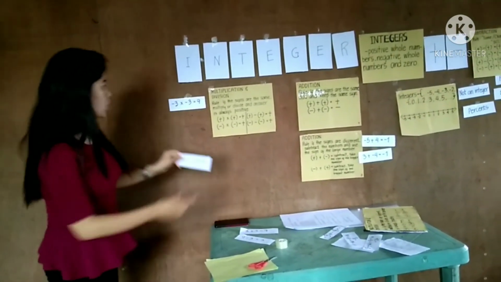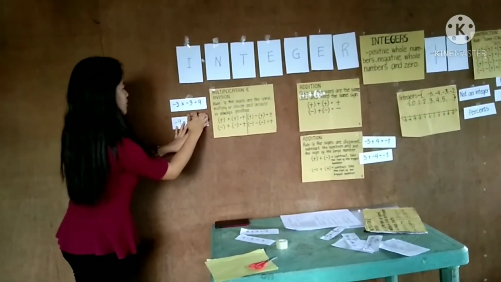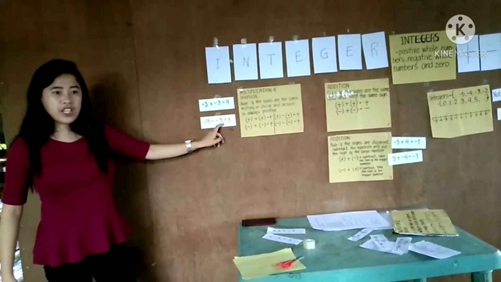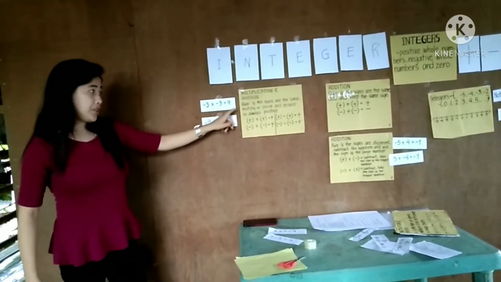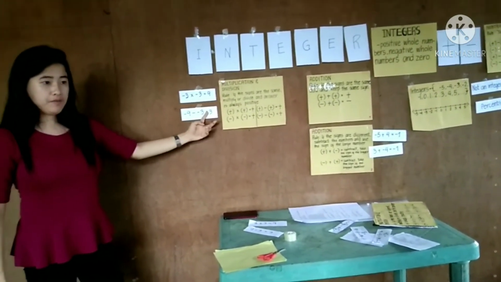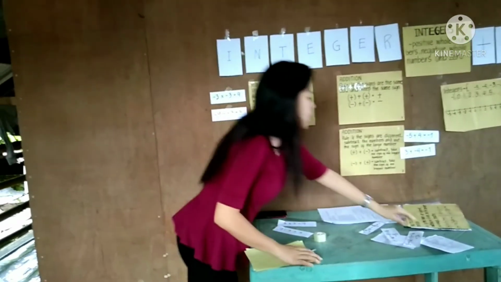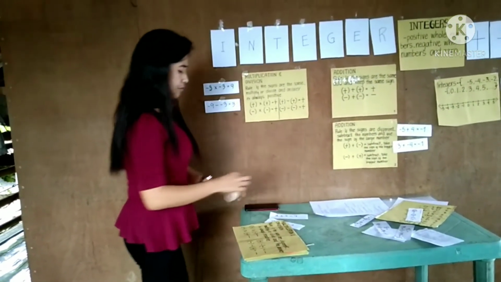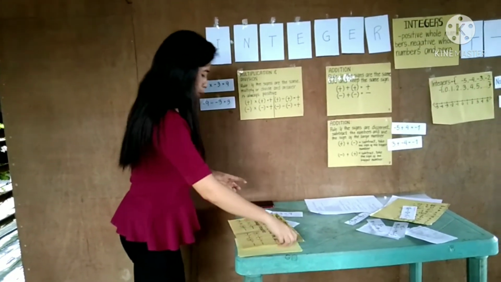How about division, ma'am? So let's have this. Negative 9 divided by negative 3. The answer is positive 3 because they have the same sign. Okay? Ma'am, how about dili parehas sila og sign? Okay.